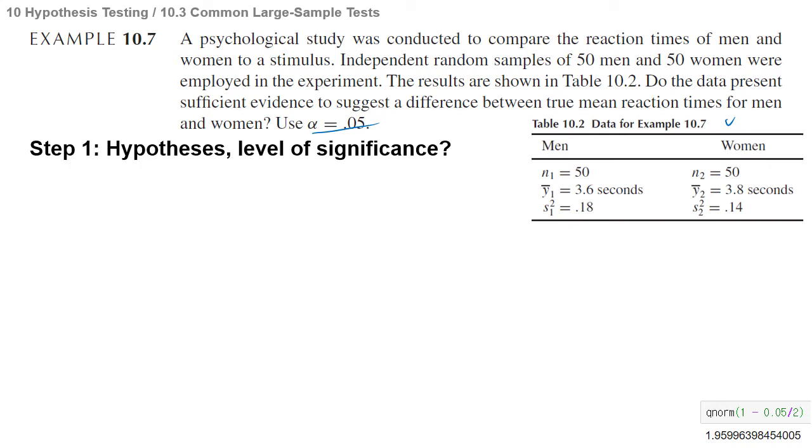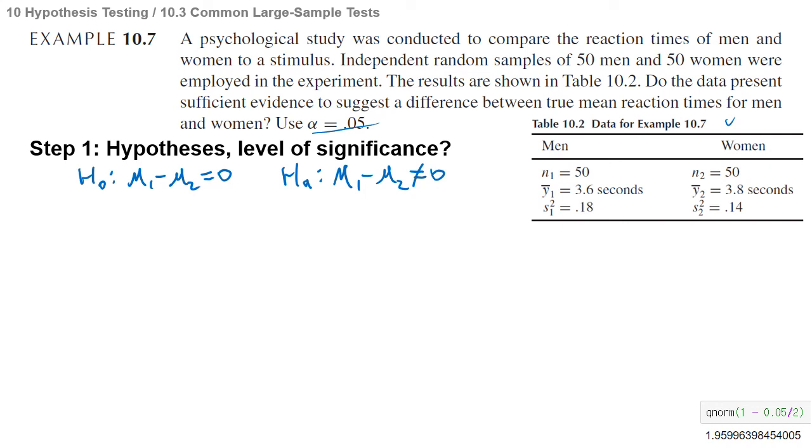So for the hypothesis, it is testing whether men and women differ. So the test hypothesis is mu1 minus mu2 is 0, and HA, the alternative hypothesis, is mu1 minus mu2 is not 0.